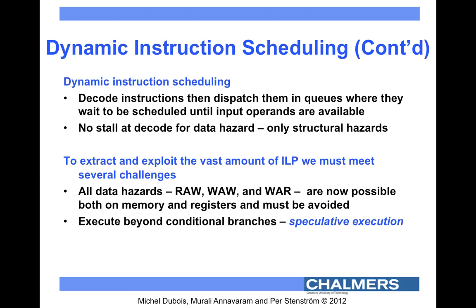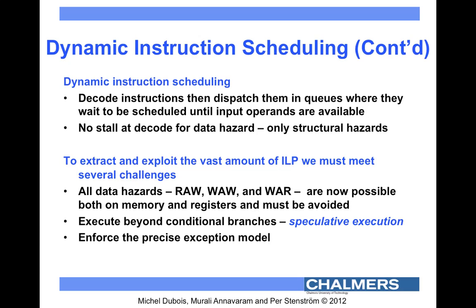And we have to execute beyond conditional branches. We cannot afford to stall, so that will lead to what is called speculative execution, which will be a topic that I will deal with in the subsequent lecture in detail. And on top of that, we will have to enforce the precise exception model.